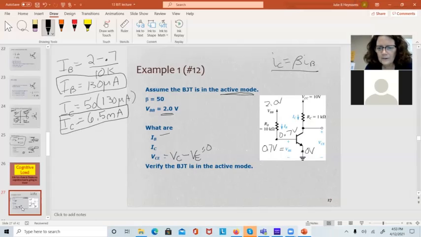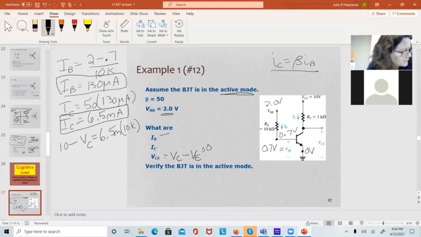So I've got the voltage drop across RC is going to be 10 minus VC. Its current we've already solved for, 6.5 milli, and the resistance is 10K. So we can solve that for VC. 3.5 volts.